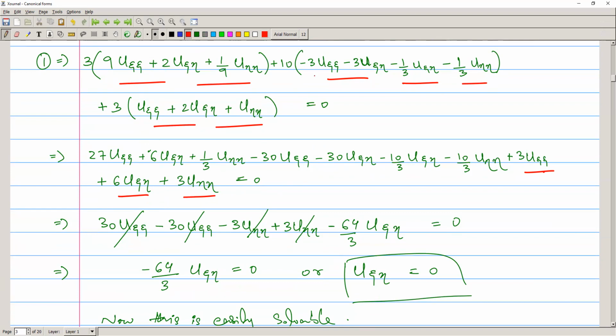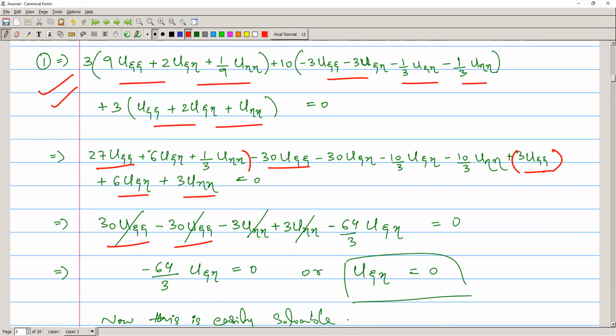What we did is we just simplified this equation, right? So we get 27 u psi plus 3 u psi will be 30 u psi. Then we have negative 30 u psi, so we write negative 30 here. Then negative 3 u eta eta.